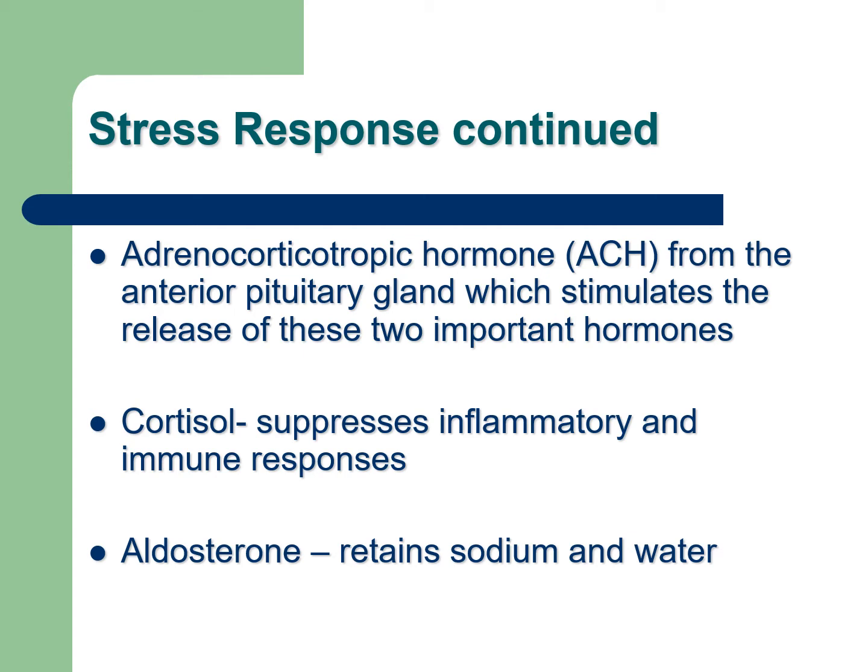When cortisol is produced in excessive amounts, it suppresses the immune system, and it also suppresses the inflammatory response system of the body. Aldosterone, which retains sodium and water, has been linked to problems with high blood pressure. So when aldosterone is produced in excessive quantities, it actually increases our blood pressure, with negative effects on the body.